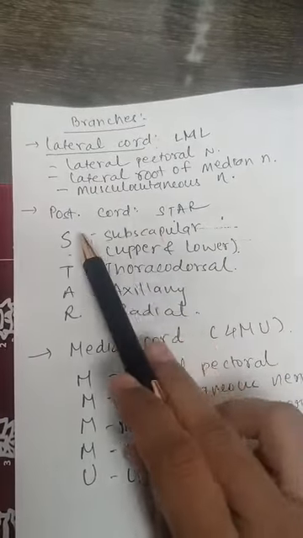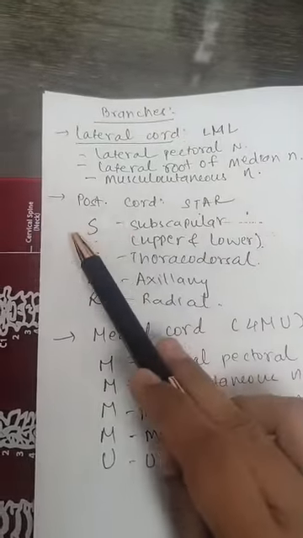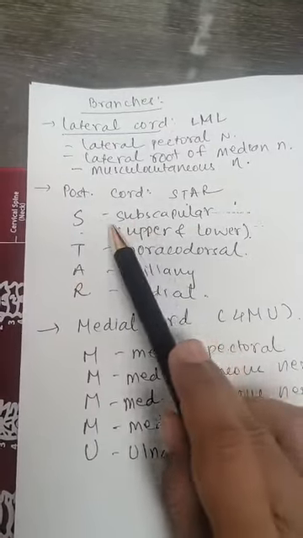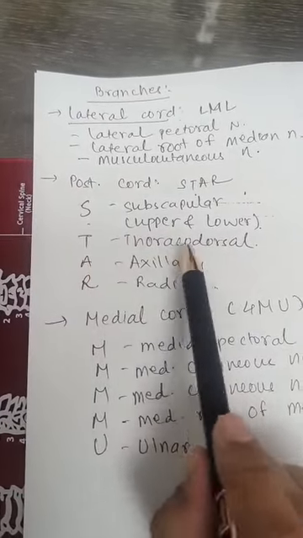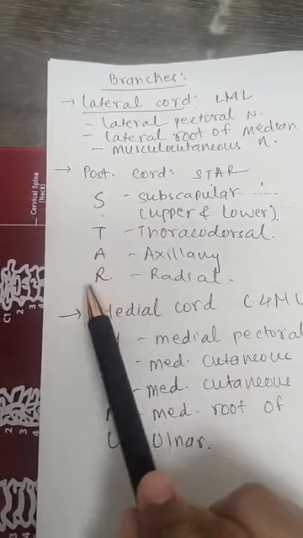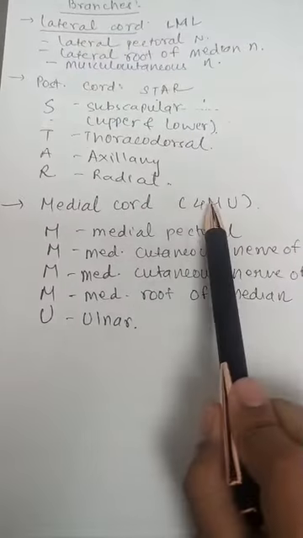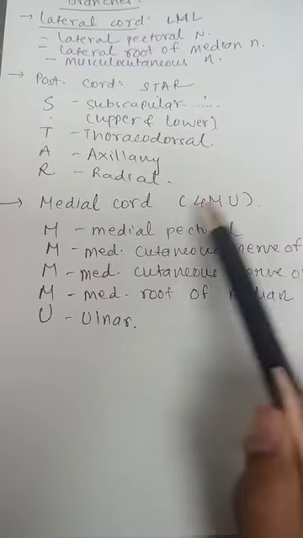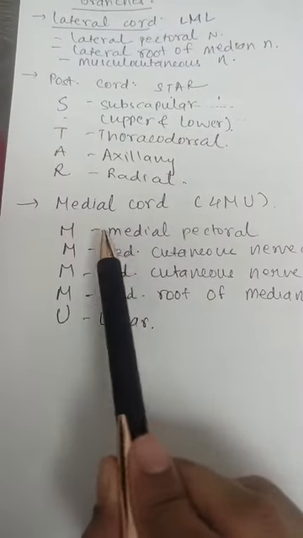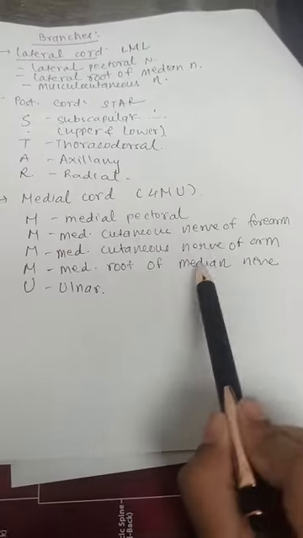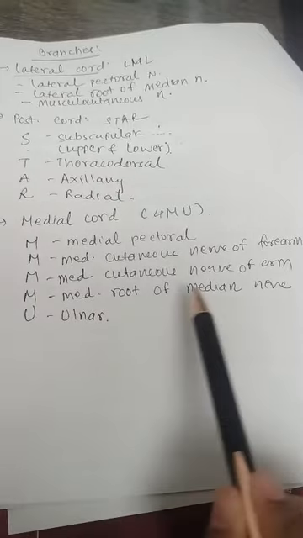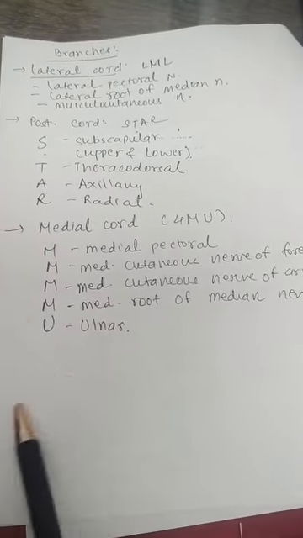For the posterior cord, STAR: subscapular (upper and lower) nerve, T for thoracodorsal, A for axillary, R for radial. The medial cord: medial pectoral nerve, medial cutaneous nerve of forearm, medial cutaneous nerve of arm, medial root of median nerve, and lastly the ulnar nerve.